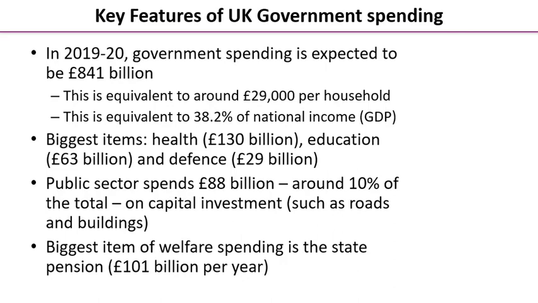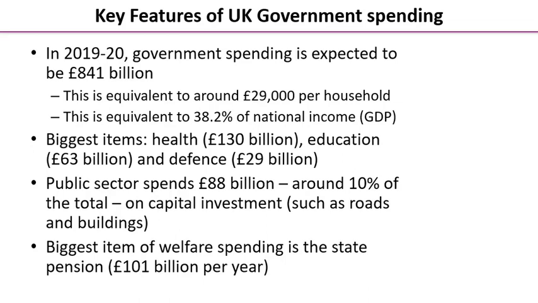So on the screen there for you, there are some more key features of UK government spending. I'm just going to take a look at some questions relating to each of those items as we go. So the first bullet point there was an estimate of government spending in the financial year of 2019-2020.